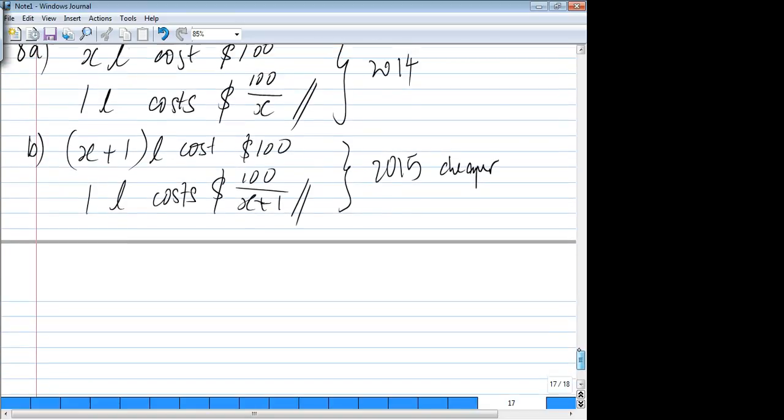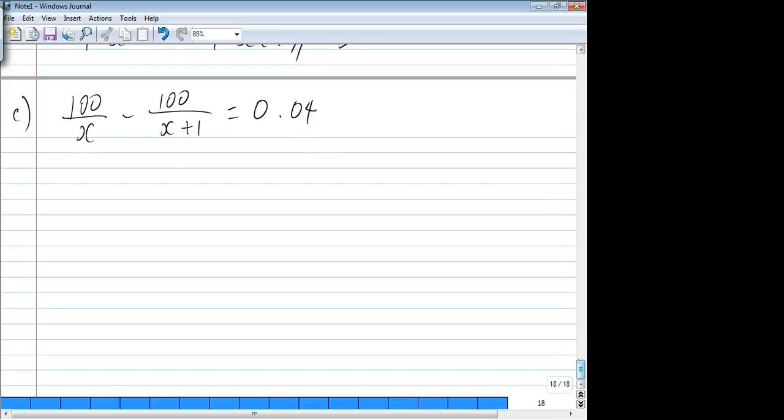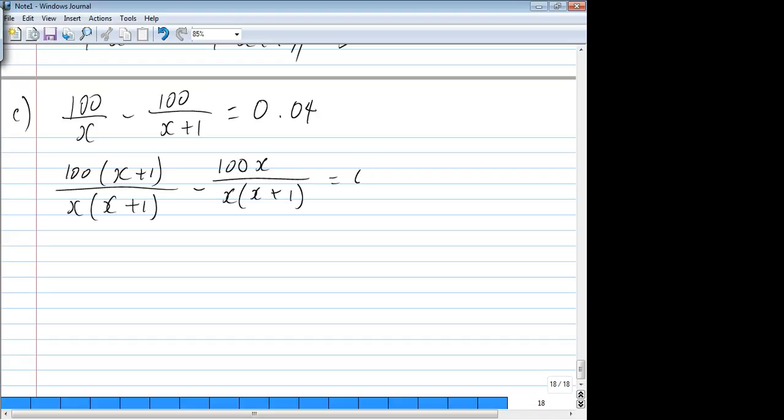In other words, part C: 100 over X, which is the bigger value, minus the smaller value, 100 over X plus 1. This is 0.04. Okay? Fraction minus fraction, make them have the same denominator, which will be 100 times X plus 1 over X times X plus 1, minus 100 times X over X times X plus 1, equals to 0.04.